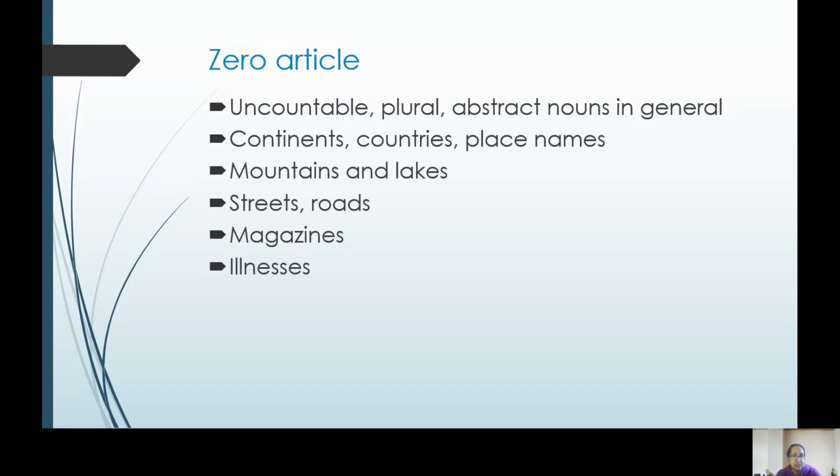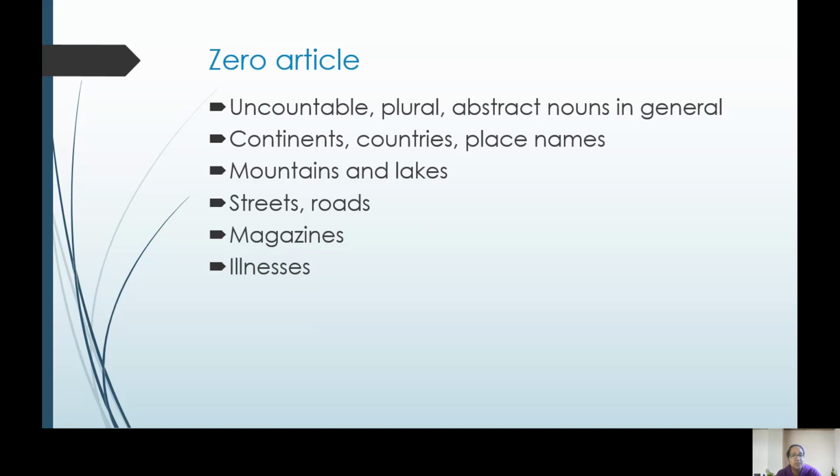Illnesses, for example, flu, indigestion, we don't use an article, but symptoms of an illness, we do use the indefinite article "a". For example, I've got a headache, I've got a stomachache, I'm getting a cold, I think I have flu.